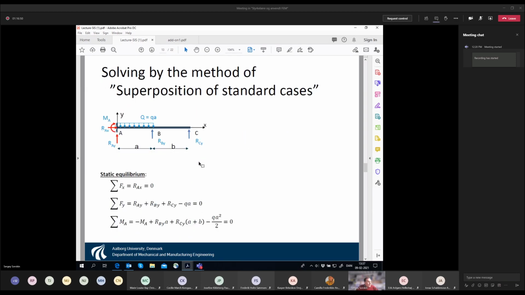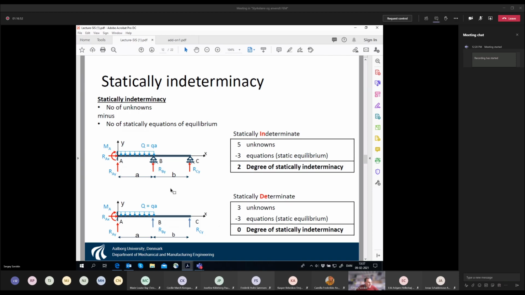So what we do is we just look at this picture below, and we see that we don't know the forces RB and RC. We want to find the forces which make this system identical to this one.